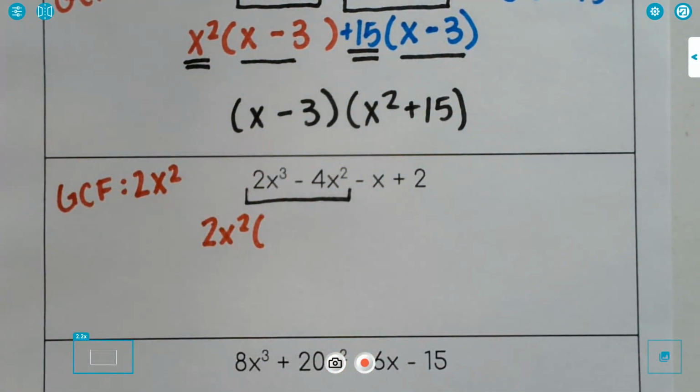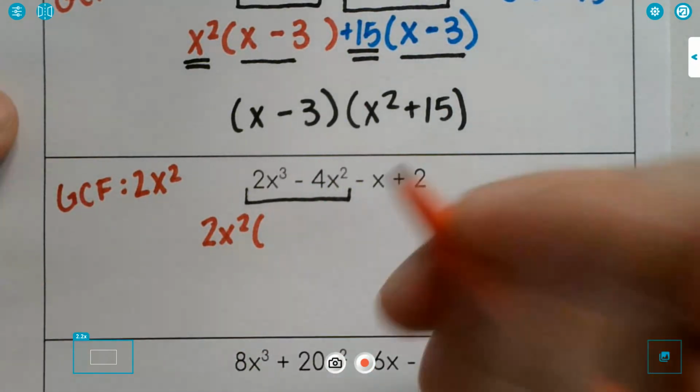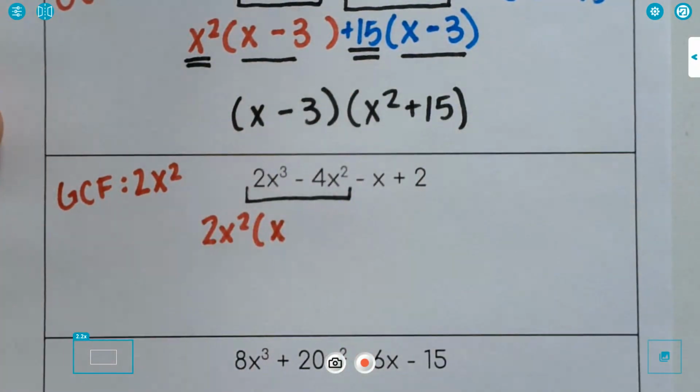2x cubed divided by 2x squared. The 2 divided by 2 is 1. I'm not going to write down the 1. X cubed, take away the x squared. 3 minus 2 just leaves me 1x behind. Negative 4x squared divided by 2x squared.